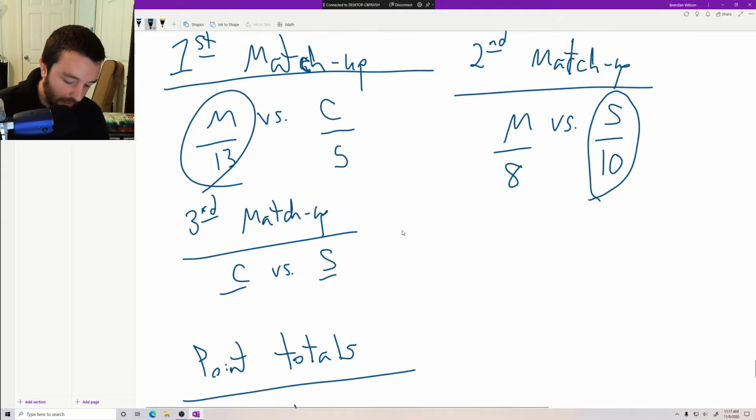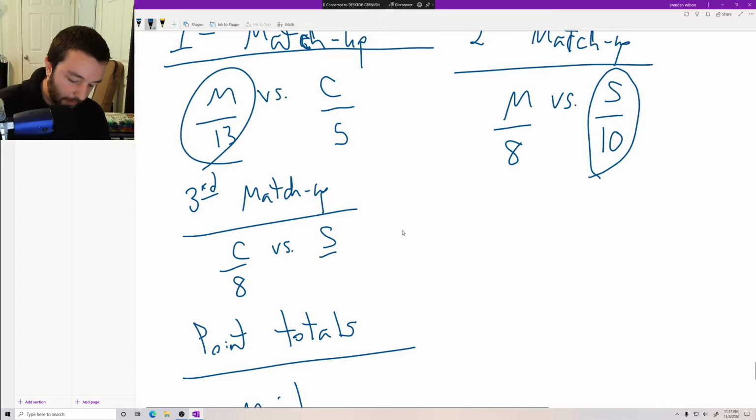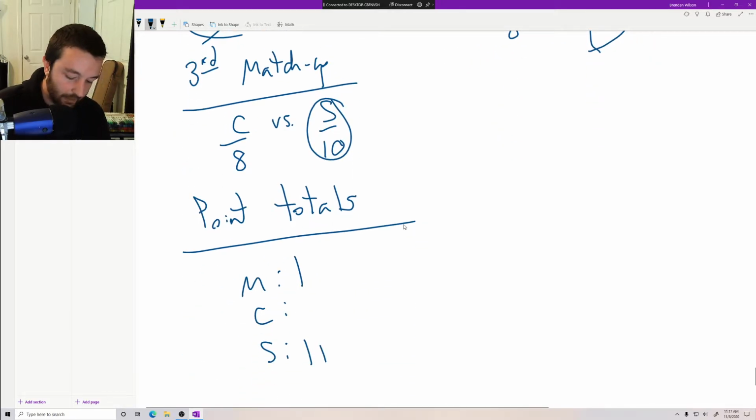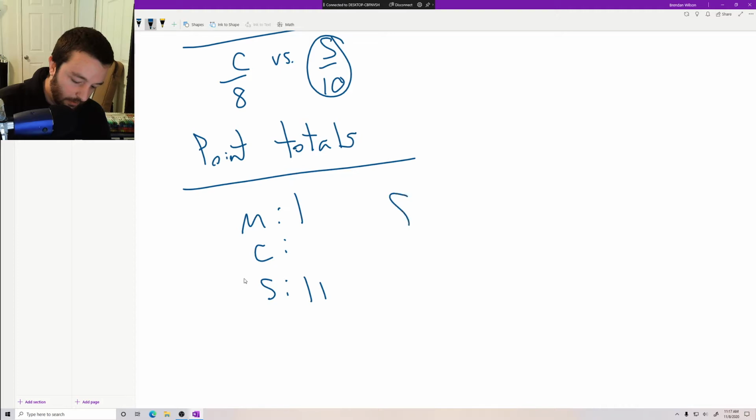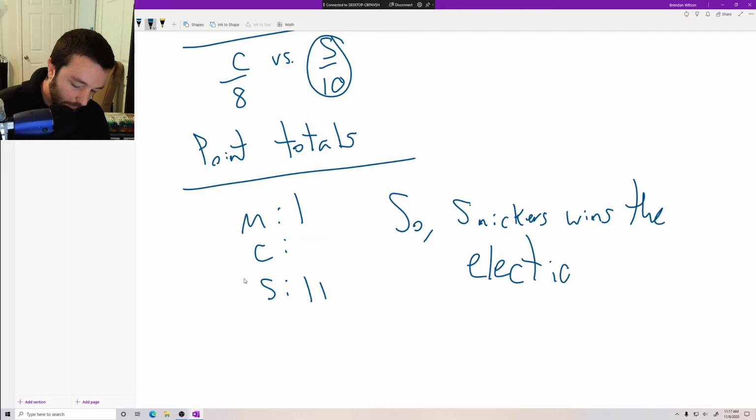So that's again going to be 8, meaning the remainder goes to Snickers. So Snickers gets the second point. So Snickers has 2 points, miniatures has 1, Crunch has 0. So Snickers wins the election.